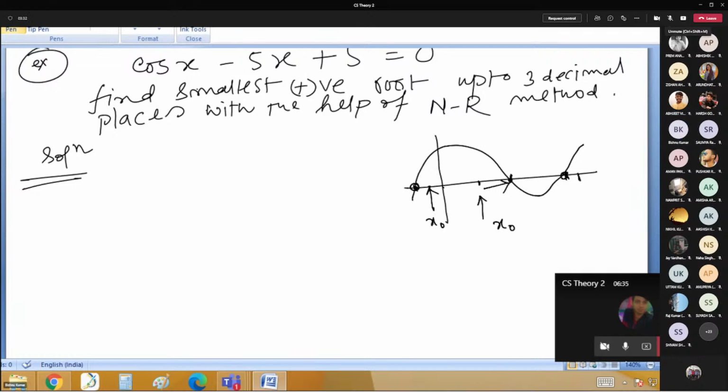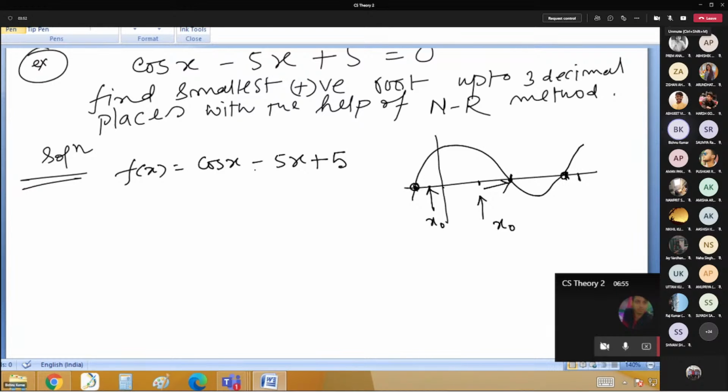Okay, so tell me, suppose this is f(x). You just keep your calculator ready. You put any value in this function and calculate with the help of the calculator. Keep your calculator in radian mode.